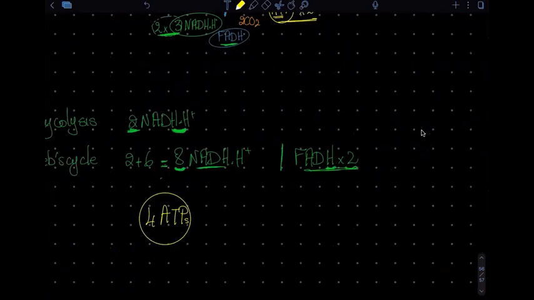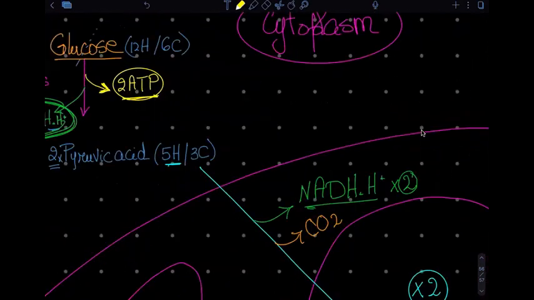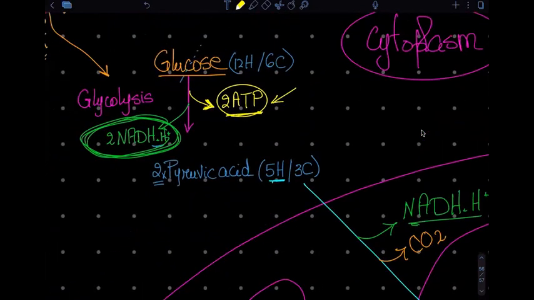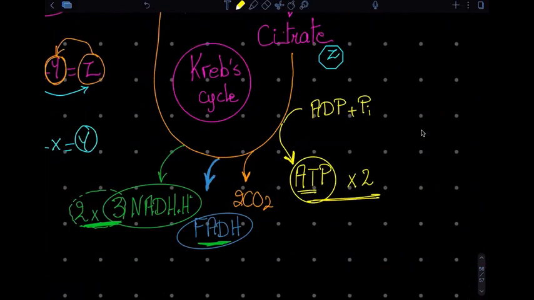Remember, I had a net gain of 4 ATPs. Where did they come from? 2 of them are coming from the glycolysis, the very first step. I've got 2 from the Krebs cycle.